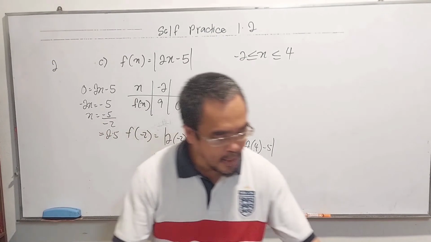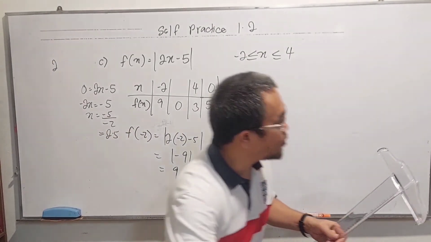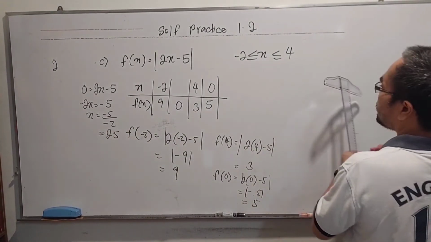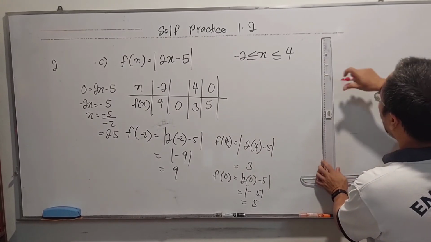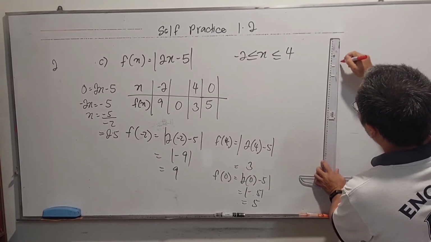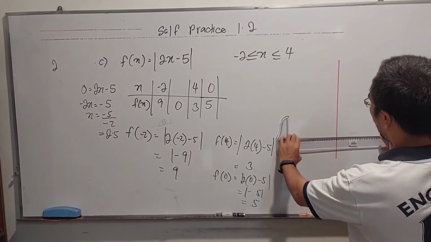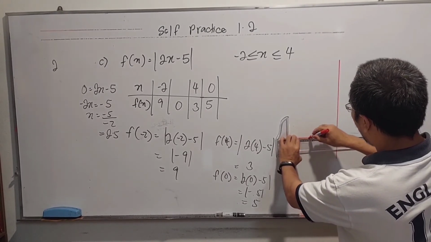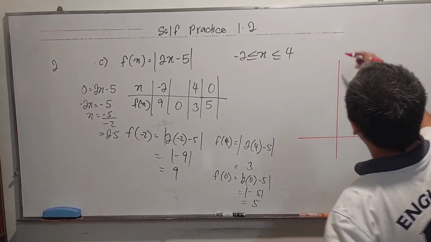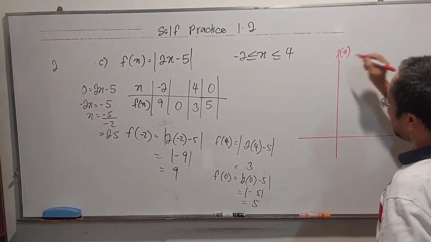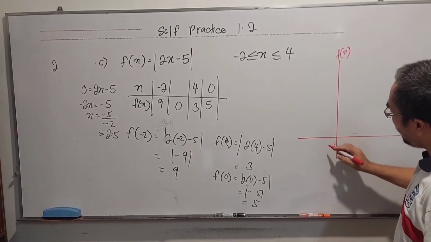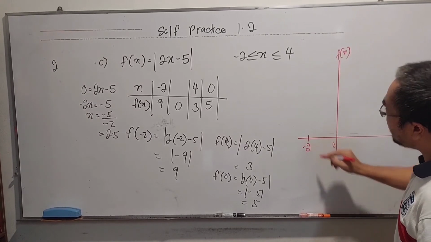Okay, so then we could draw the graph. For the sketching, you do not have to write down all the values. So f(x) is here, and 0, maybe negative 2, you should label there.